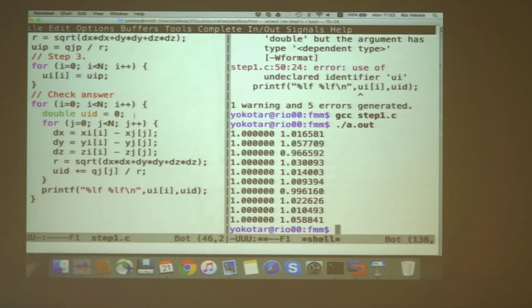Okay, so now I see similar numbers. What I'm comparing is this side. This side here is the one you get from the 3 steps. So they're all the same number because you just assume that they're all the same.